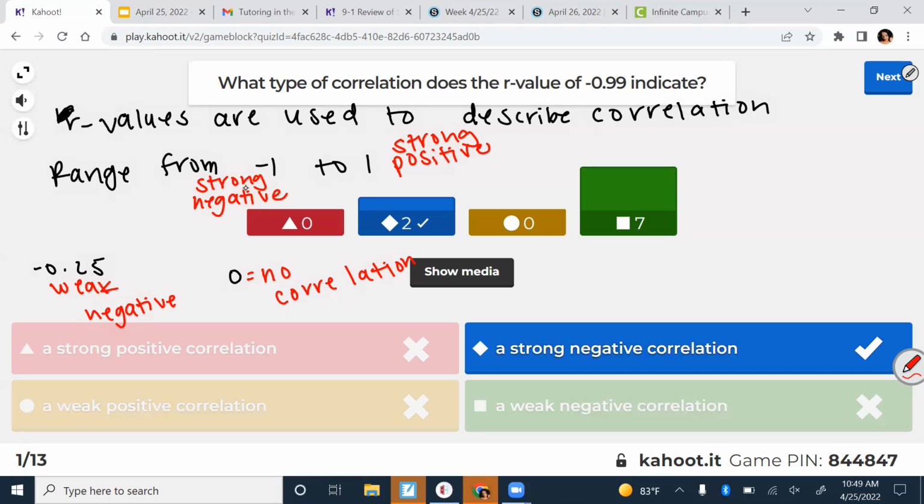Make sense? So then on the flip side, if I have a 0.4, how would you classify that R value? A weaker positive. Maybe not as weak as like a 0.25 or something like that. But it's definitely not considered strong because it's closer to 0 than it is to 1. Make sense?